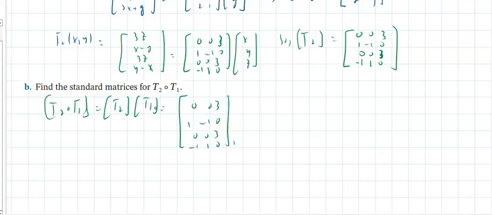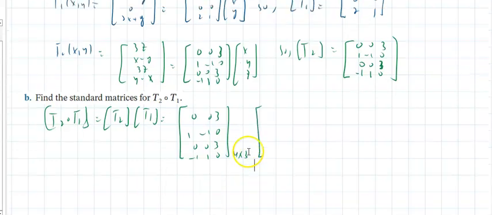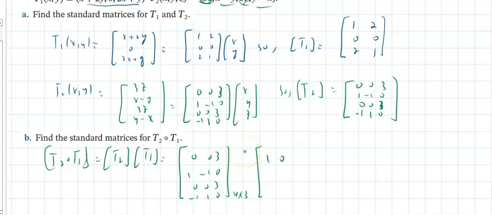That is 4 by 3. And if I multiply that by 1, 0, 0, 1, 2, 0, 0, 2, 1. This is a 3 by 2, so the inners match very good. The outcome is 4 by 2.